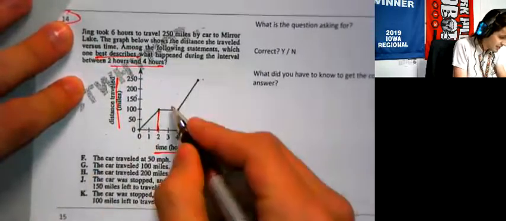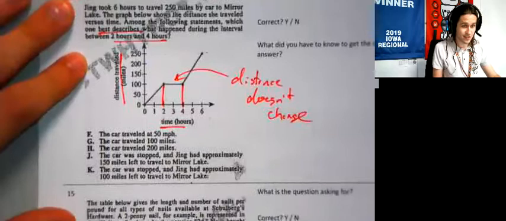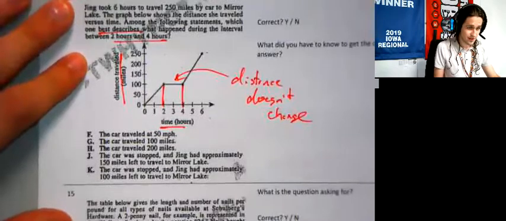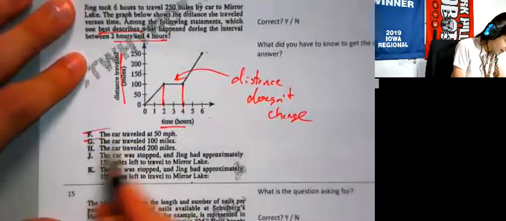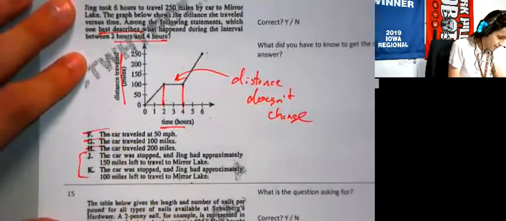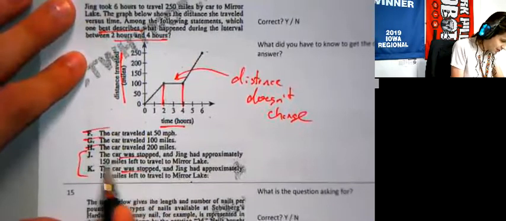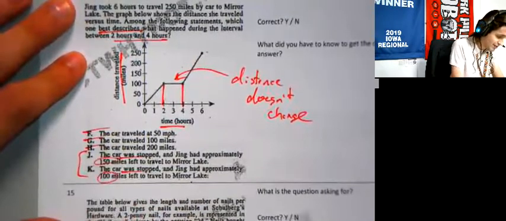The distance didn't change. The distance doesn't change. Well, the car stopped. So it's got to be J or K. The car was stopped.